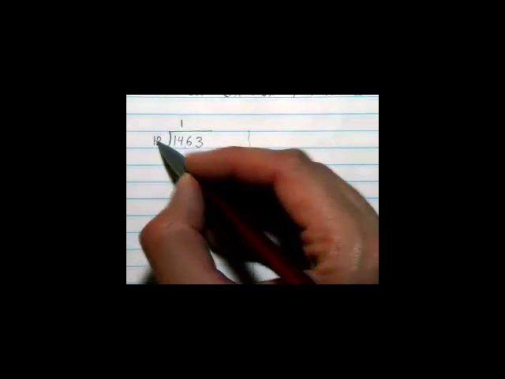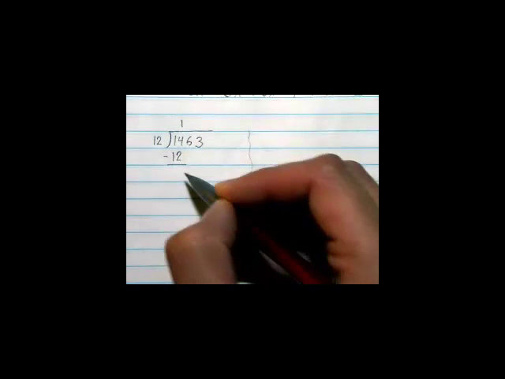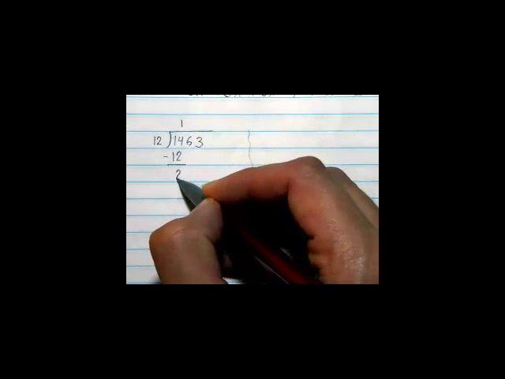Goes on the top. Good. And then what's the next step after I have that 1 up there? Right. So we do this multiplication. 1 times 12 gets me 12, and then we do a subtraction of those numbers. 14 minus 12 is 2.